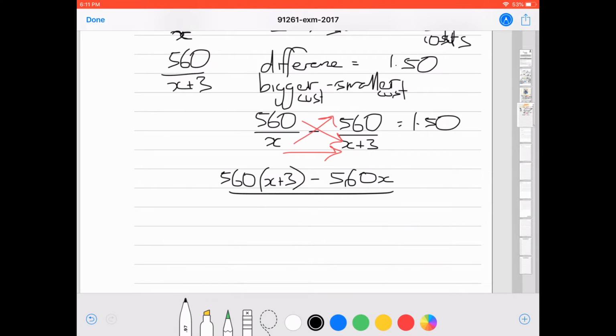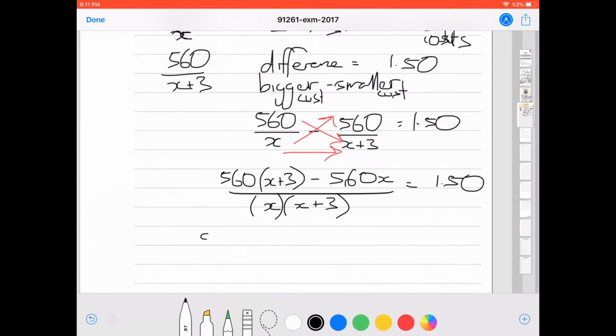You could take an extra step and write out each denominator, but they're the same because we're going to say x times x plus 3. That's our common denominator. And it equals $1.50.